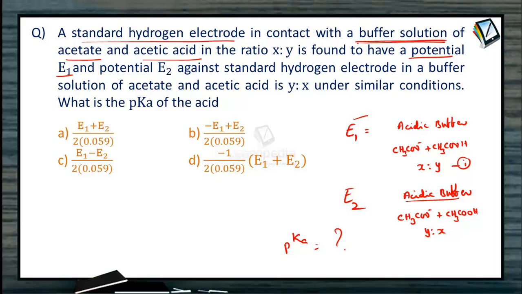In other words, the negative sign is for both E1 and E2. Therefore, B option is wrong. E1 minus E2 wrong. Then let us check this D option. Minus 1 by 2 into 0.059 into E1 plus E2. So the negative sign is for the whole E1 plus E2. In other words, minus E1 minus E2 by 2 into 0.059. So therefore, this is the right option.